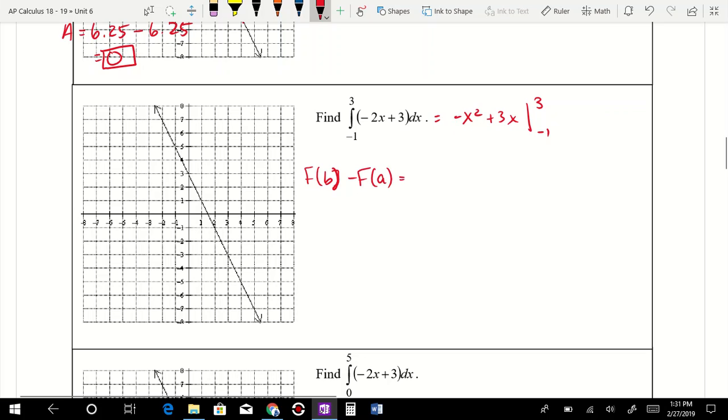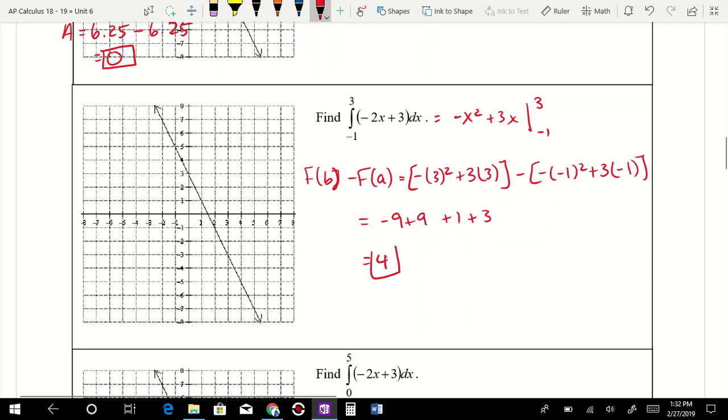My b is 3, so we have negative 3 squared plus 3 times 3 minus negative 1 squared plus 3 times negative 1. So we'll get negative 9 plus 9 plus 1 plus 3, which is equal to 4.